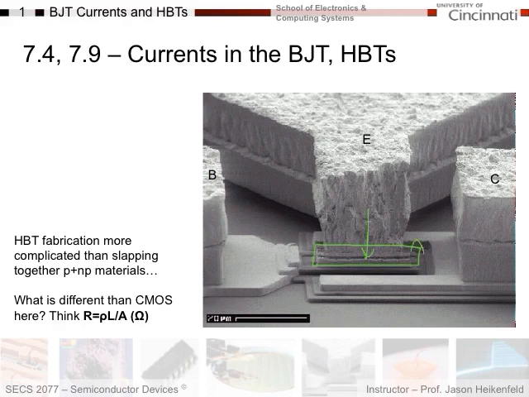And so the area is large because I've got this large sheet. And that's good because if area is large, that drives down resistance. And then my length is the width through which I'm traveling with the current. And so if it's the base that I'm trying to get the current through, then you can see the base would be really thin here, right?